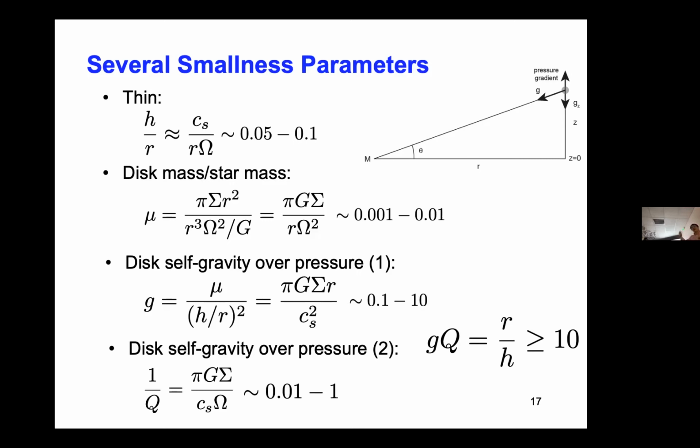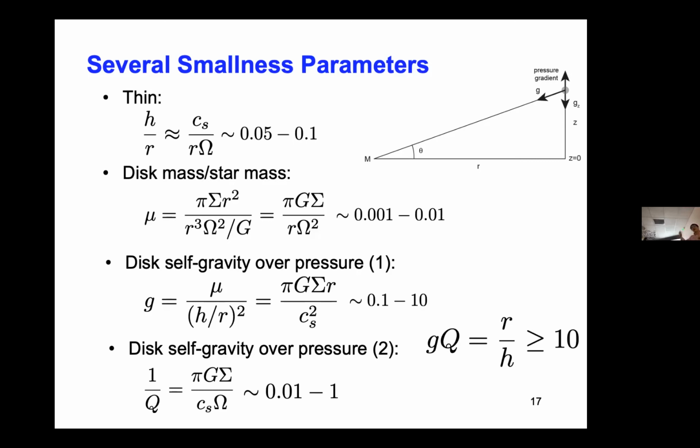You ask what this amount of gravity is, even though it's small compared to the star, but maybe it's bigger than pressure. So you compare it to the pressure forces, and you get about order unity. That means this self-gravity is actually being balanced by the gas pressure.